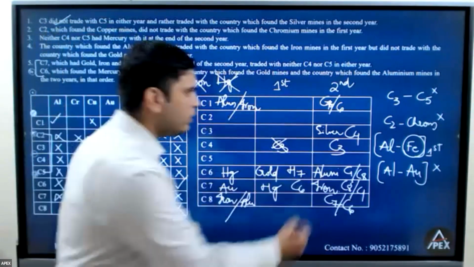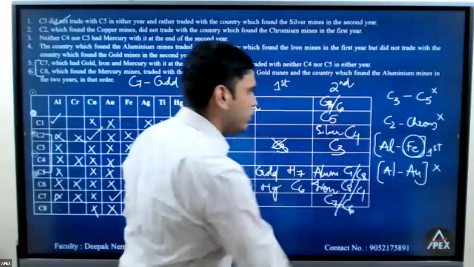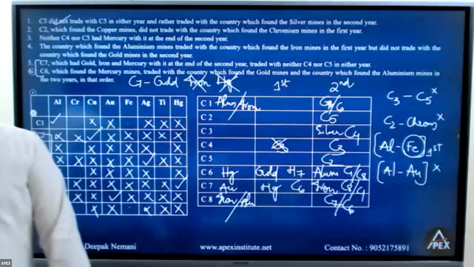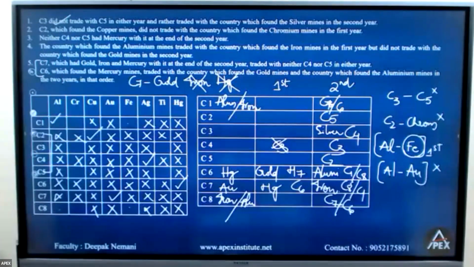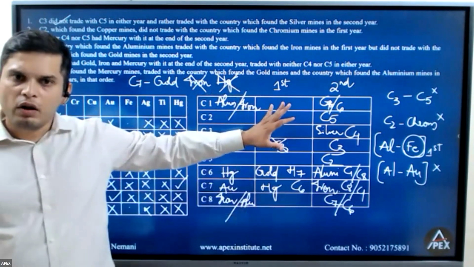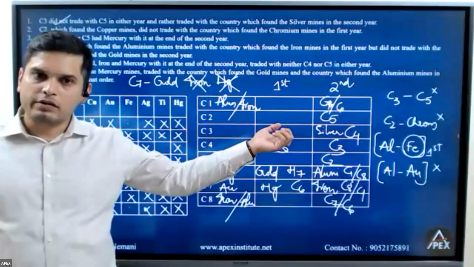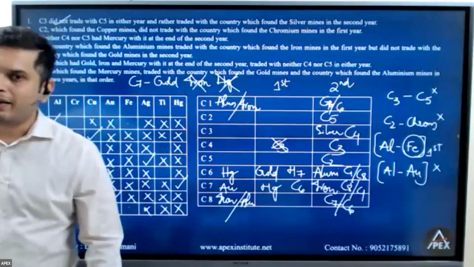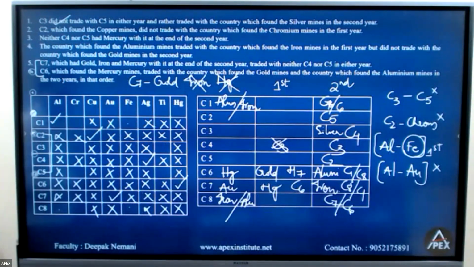Now I can say that country 2 traded with country 5 in the second year, and country 5 traded with country 2 in the second year. So similarly, if you fill this table, you can find the metals which have mines in country 2 and country 3. Those are what is left, those two.